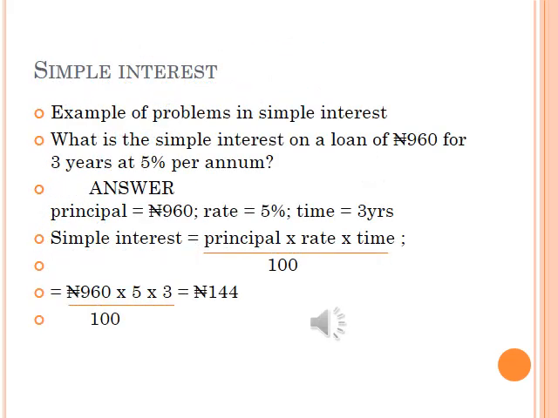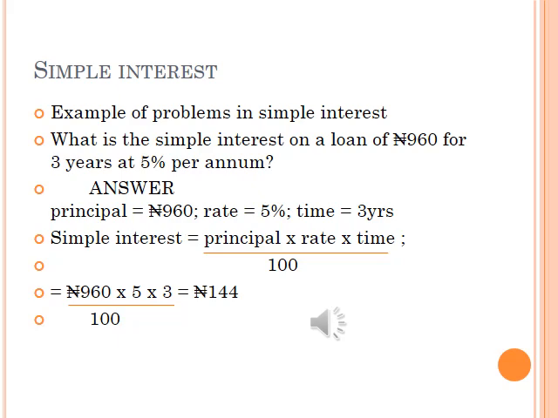Simple interest. An example of problems in simple interest is 1. What is the simple interest on a loan of 960 naira for 3 years at 5% per annum? Answer: principal is 960 naira, rate is 5%, and time is 3 years.